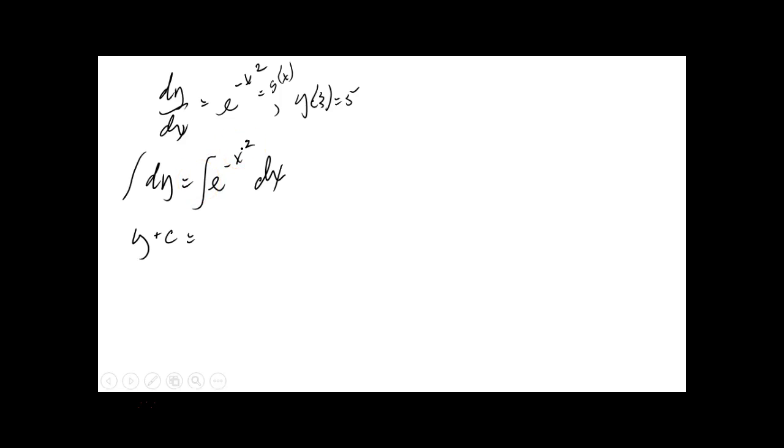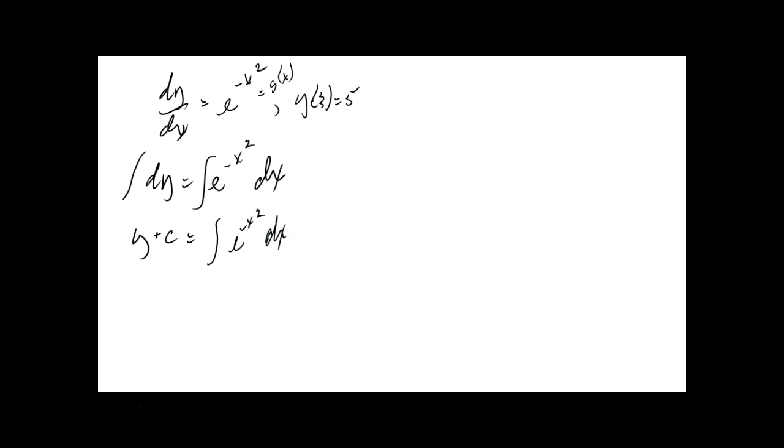If you had an x dx in there, yeah, you could, but there's no way to integrate that. Even in the tables, they don't give you a way. There's no elementary function to do that. So this is an integral solution. What we have is the integral of e to the minus x squared dx, and that's all we can do to it.